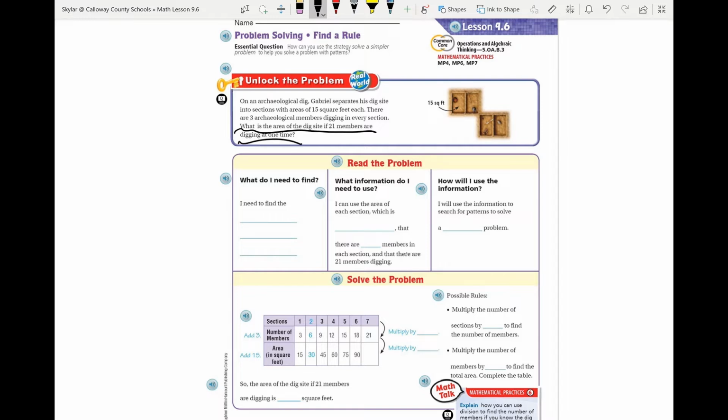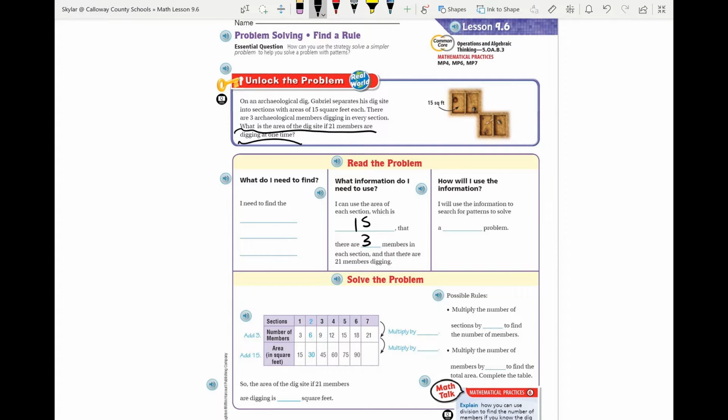What information can I use? Well, if we just read that first part, it says he separates the dig sites into sections with an area of 15 square feet each. So I can use the area of each section, which is 15 feet. And there are 3 members in every section.